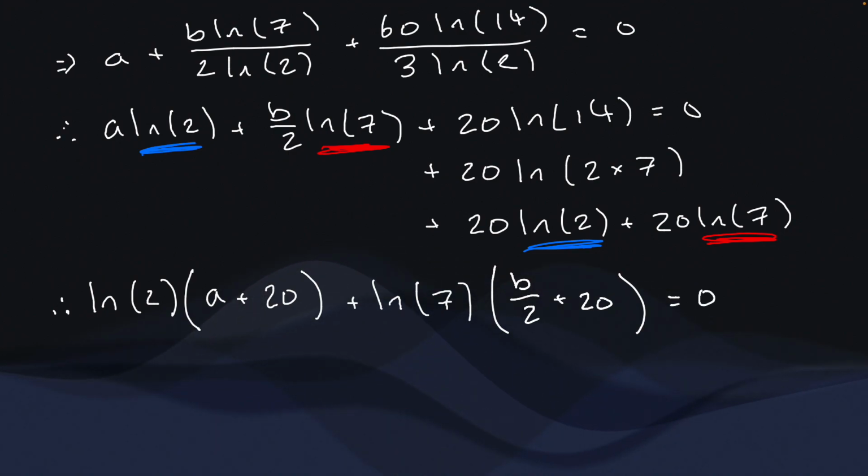Now we're in a situation where we have ln 2 times something plus ln 7 times something equal to 0.